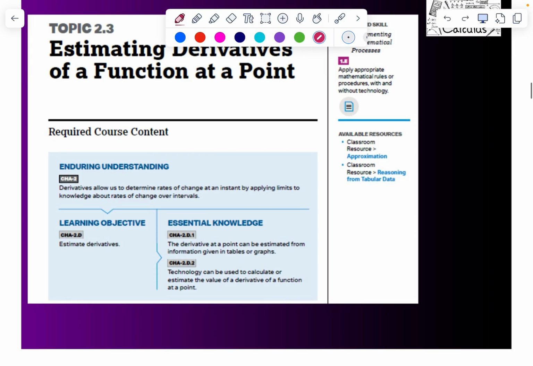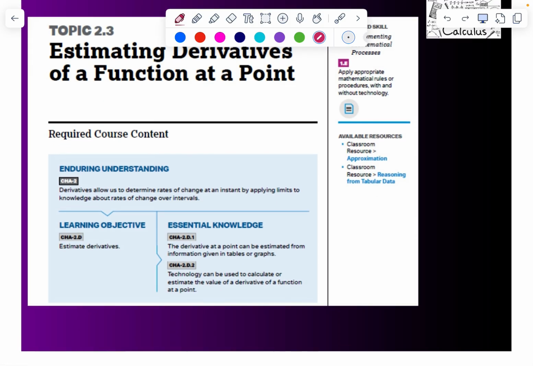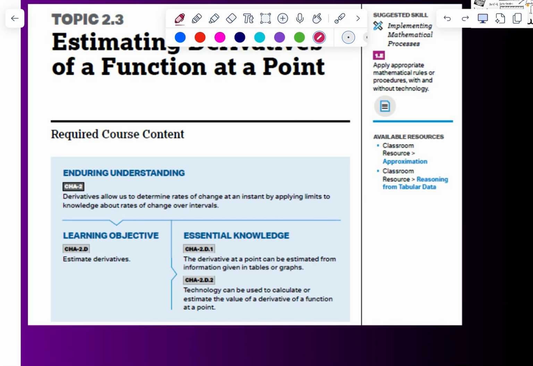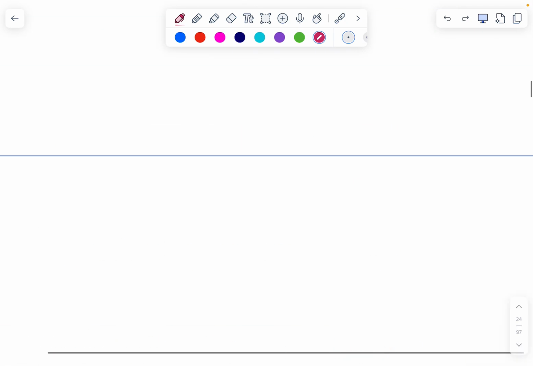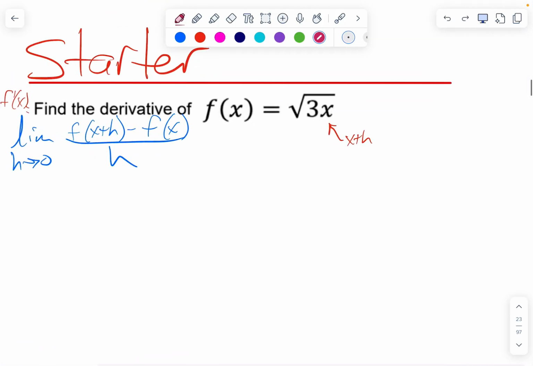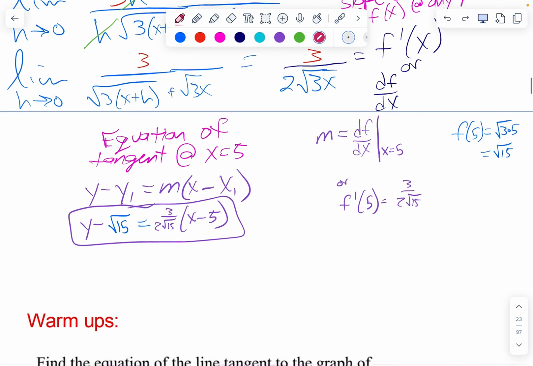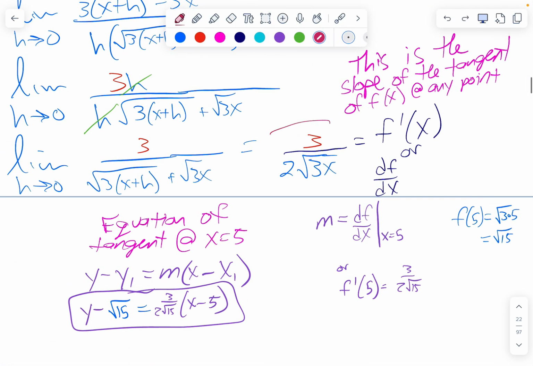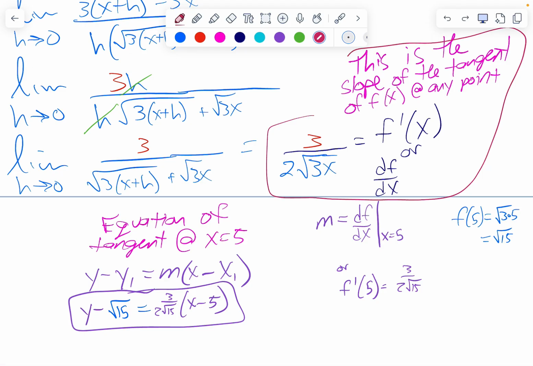Most calculators can't find a symbolic derivative like what we just did with our warm-up. Here's what I mean, just to review. We found the derivative right here. Your calculator can't give you a symbolic one, like with x still in it.